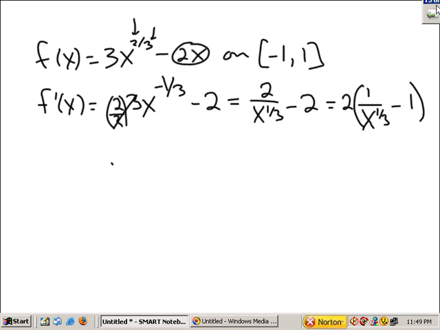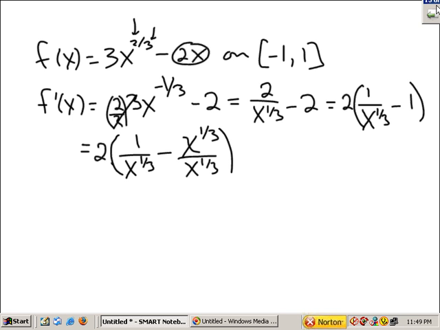Now within that bracket, I wanted to have a common denominator. So the 1 that I'm taking away, I'll write it down as x to the 1/3 over x to the 1/3. And in subtraction, if the denominator is the same, keep it and just copy down the numerator. 1 minus x to the 1/3.